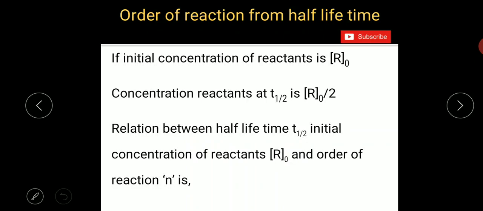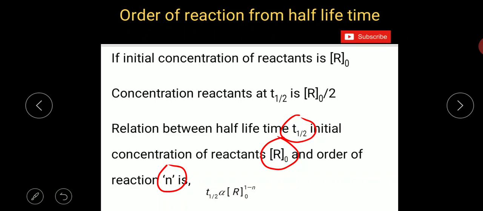The relation between half-life time T half, initial concentration of reactants R naught, and order of reaction n is: T half is proportional to R naught power 1 minus n.